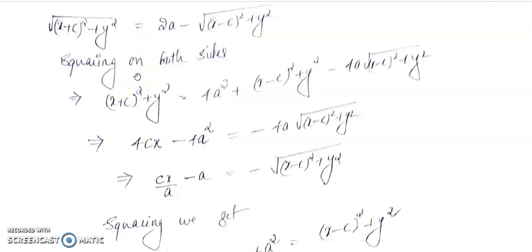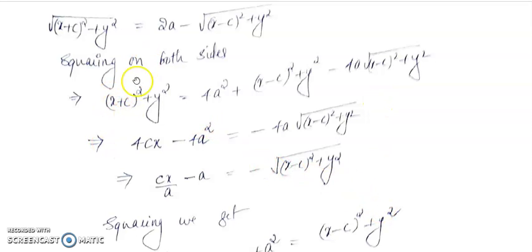So upon squaring on both sides, you will get (x plus c) whole square plus y square equal to 4a square plus (x minus c) whole square plus y square, minus 4a root of (x minus c) whole square plus y square, using the (a minus b) whole square formula.